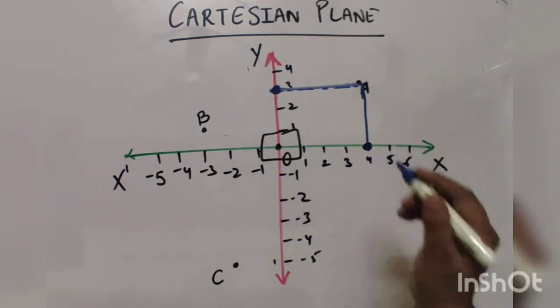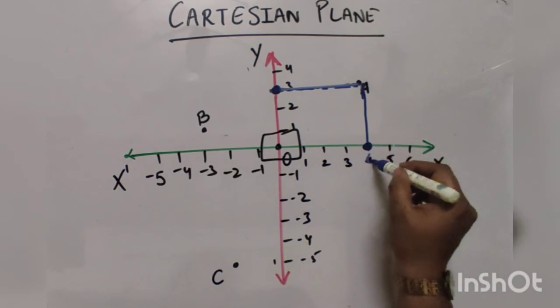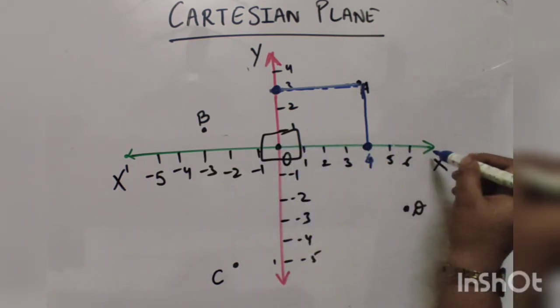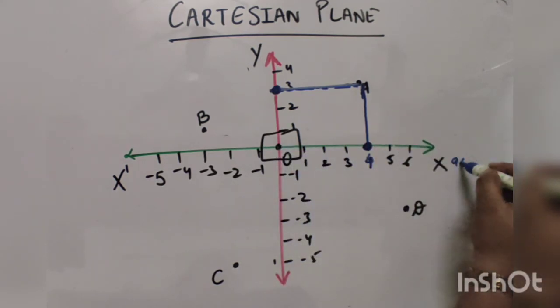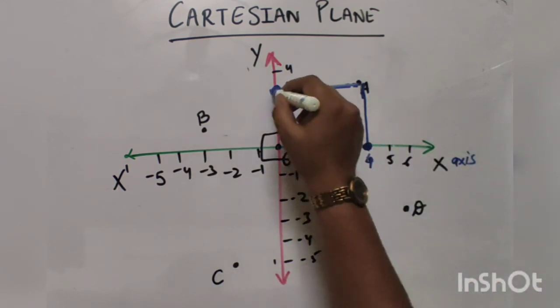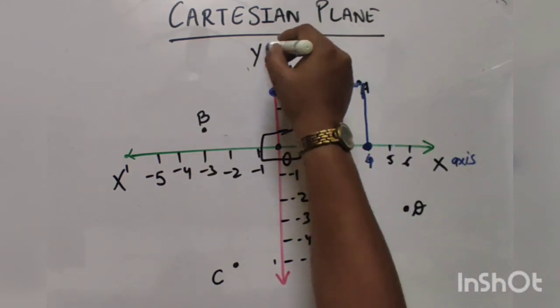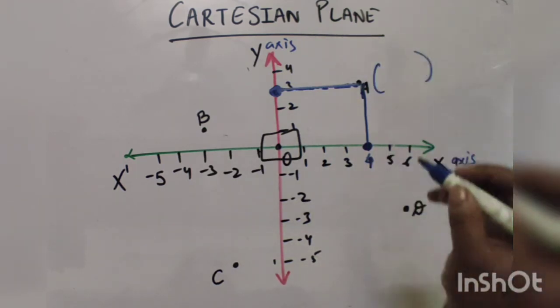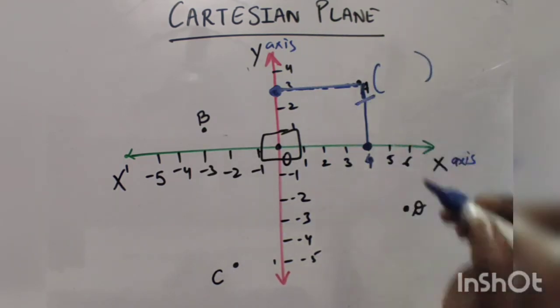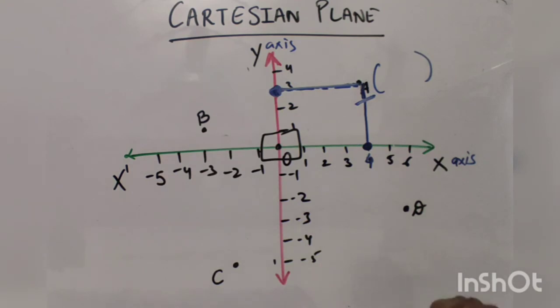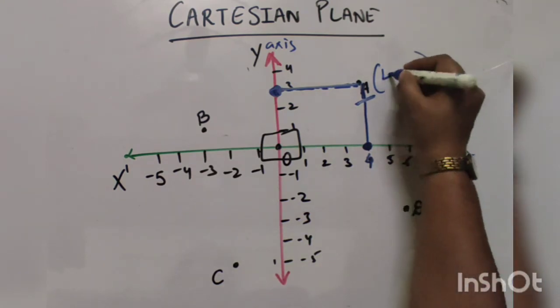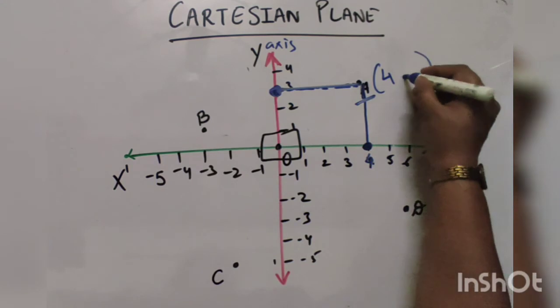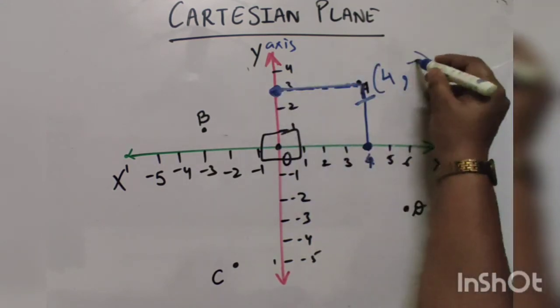Now you notice here this 4 is at the x-axis, and this 3 is at the y-axis. So the location of this particular point A is x, that is 4, and y, that is 3.